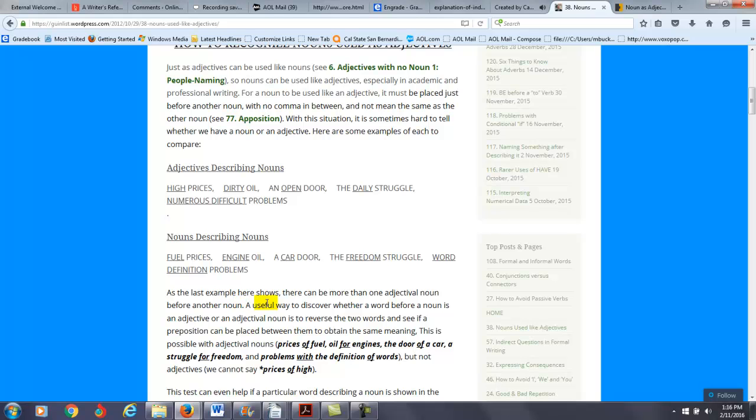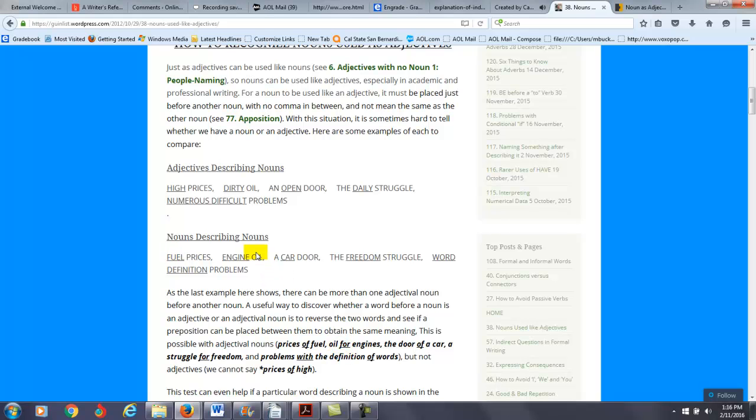A useful way to discover whether a word before a noun is an adjective or an adjectival noun is to reverse the two words and see if a preposition can be placed between them to obtain the same meaning. Prices of fuel means fuel prices.